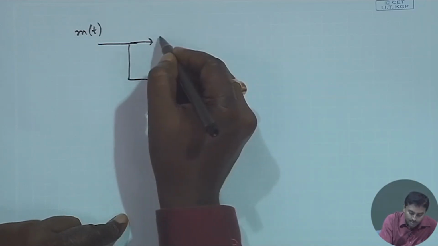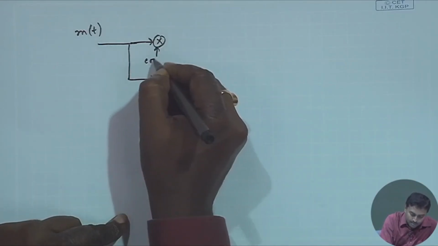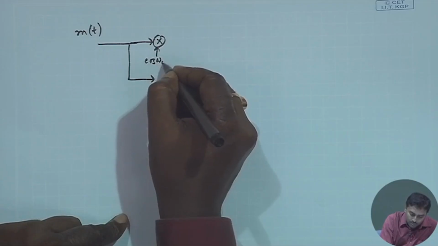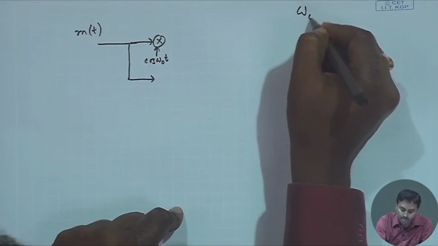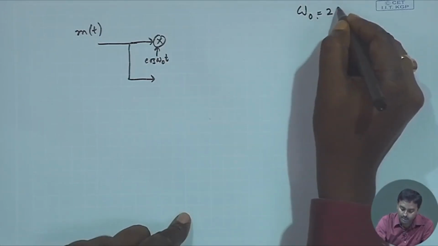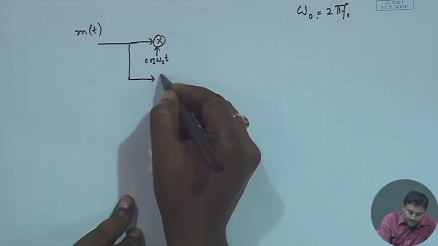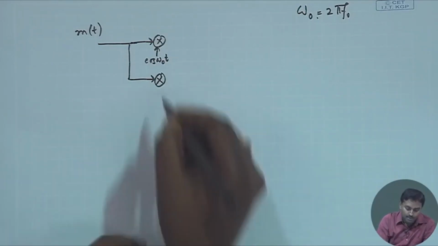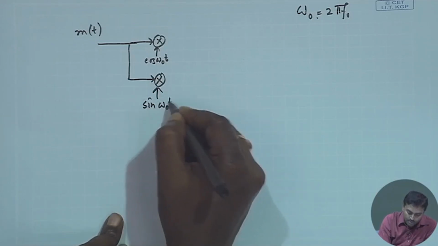This is one arm where you have a multiplier. You multiply this by cos omega_0 t, or cos 2 pi f_0 t. We will talk about what this omega_0 is. And in the other arm, you multiply by sin omega_0 t.